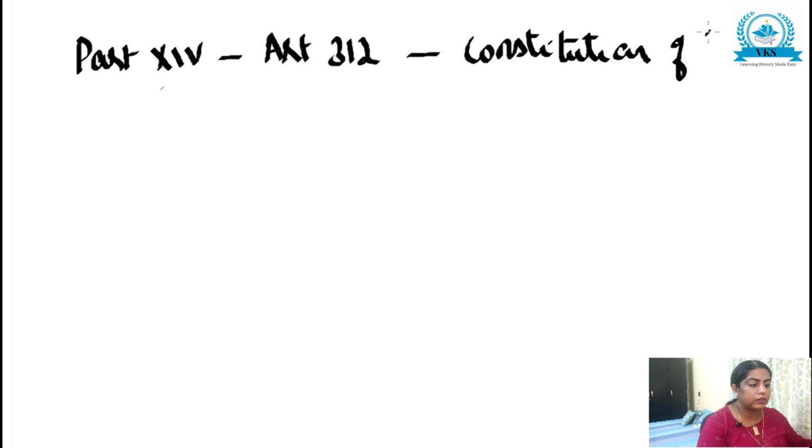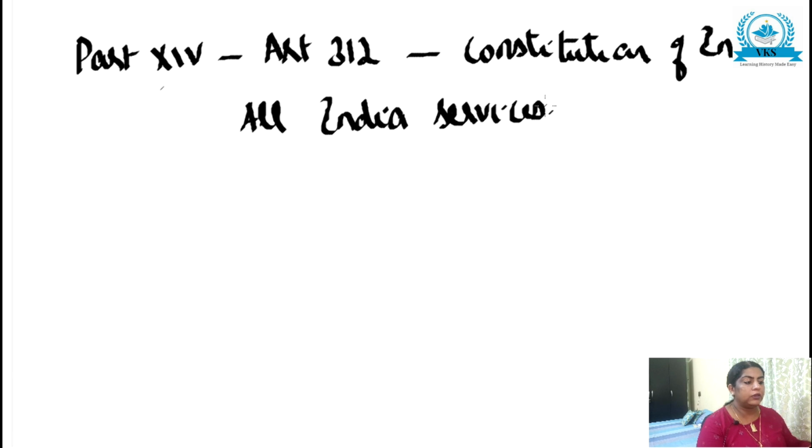Part 14, Article 312 of the Constitution of India provides for the creation of All India services for union and states. The All India services play a prominent role in civil service.